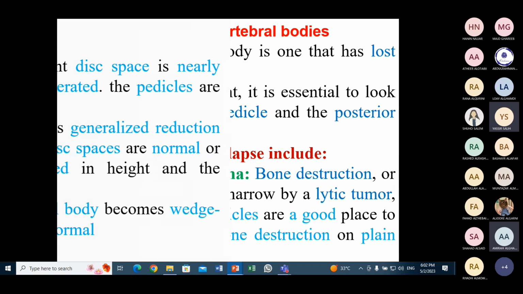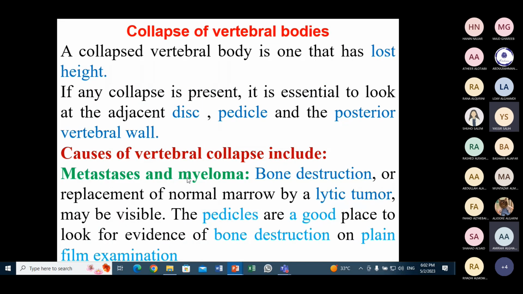These are the causes: metastasis, myeloma, fracture or trauma, infection. Let's see how to differentiate, how to reach the diagnosis by imaging. Say we have an X-ray in which one of the vertebral bodies is small or collapsed. You have to look at these three parts, disc, pedicles, and posterior vertebral wall, to discover the cause.